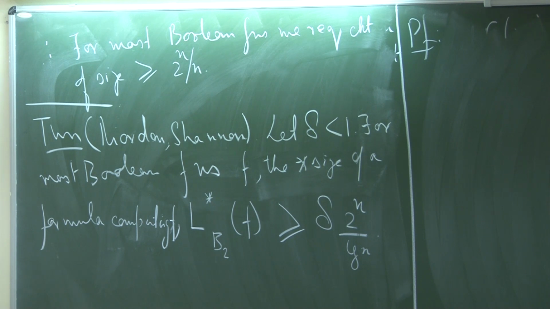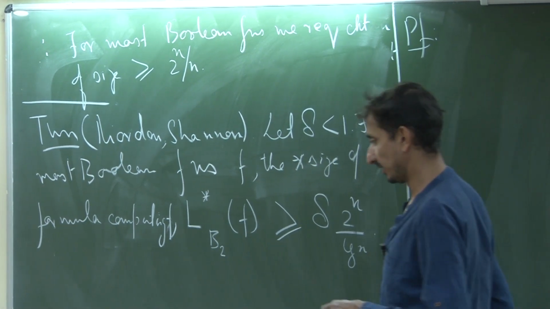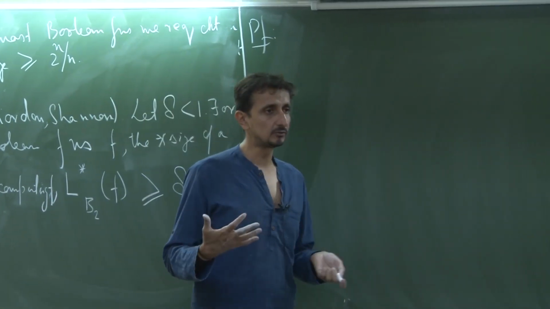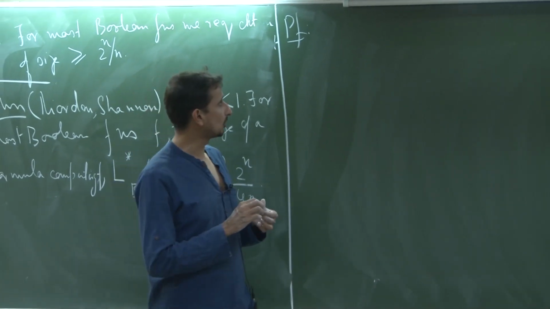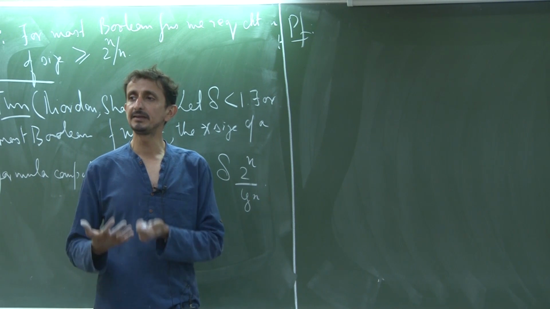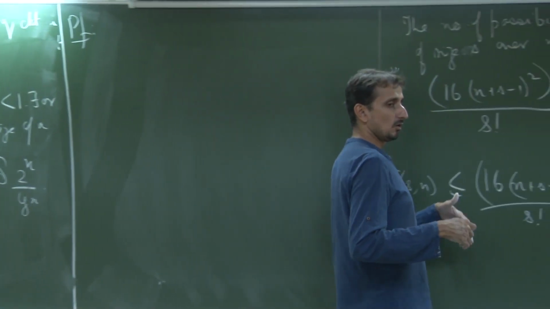Now the question is how do we count the number of Boolean formulas. Before we get into that, let me talk about a notation for representing Boolean formulas. What is a Boolean formula?